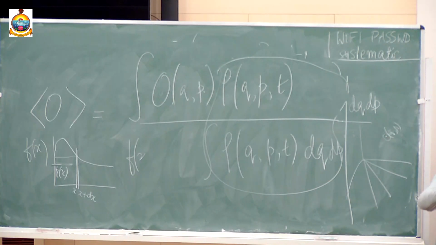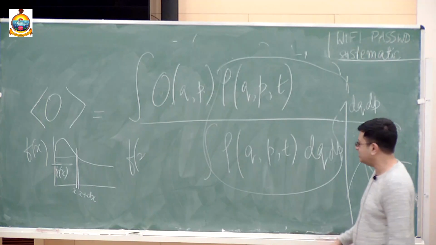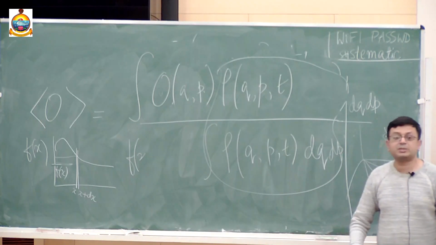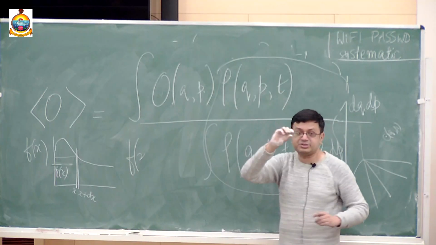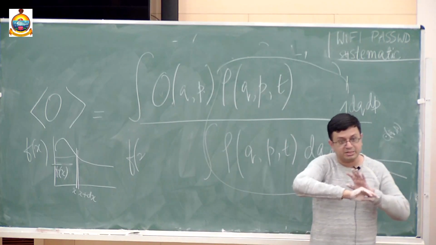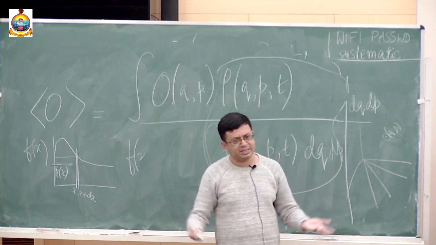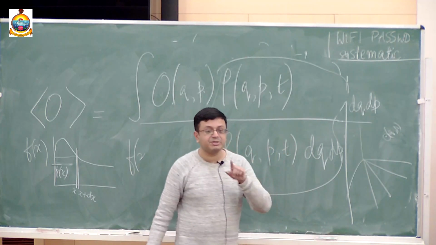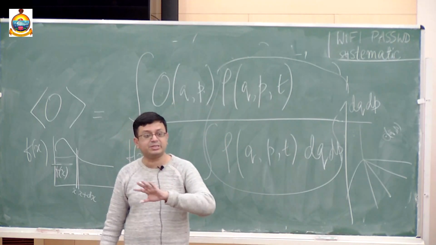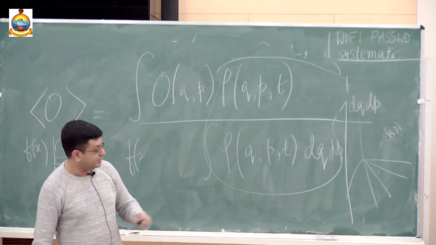That's what you do in quantum mechanics also, right? You normalize it so that it becomes a probability distribution. This is the number of points contained in a small volume element divided by the total number of points. That's the definition of probability. Until now I was using phase space density.